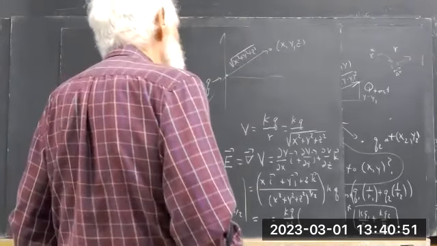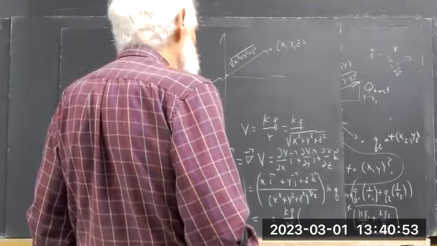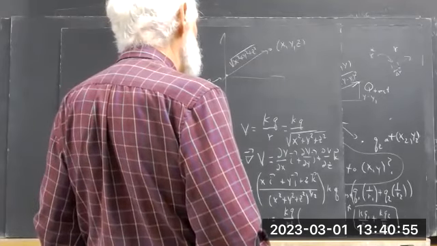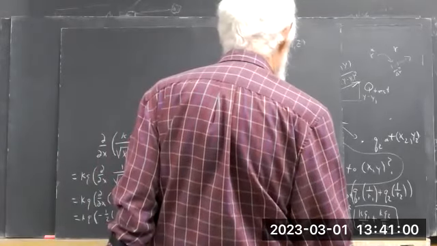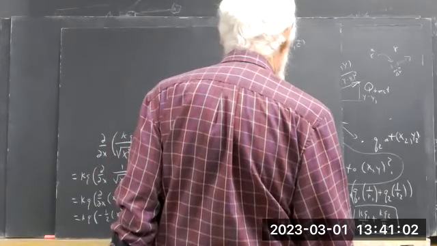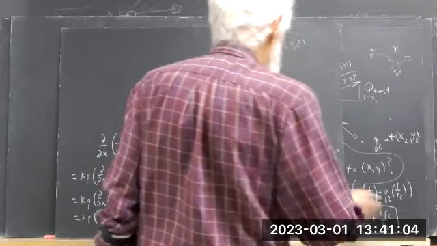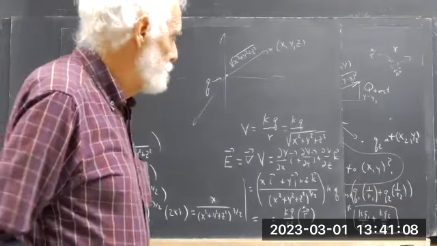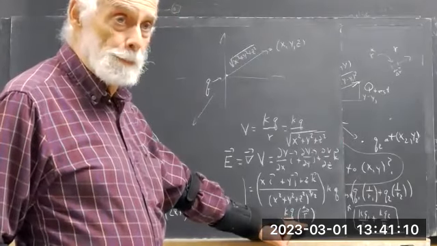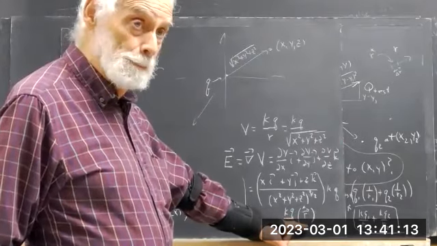And it's, I'm going to write it out. You probably need to work it out. I just don't want to spend the time on it. Okay. R hat is a unit vector. What would the unit vector be?